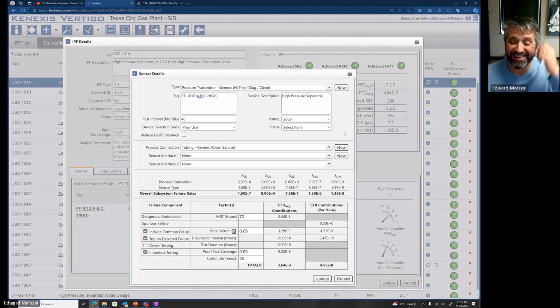But yeah, just a bit of clarification also on the answer you gave me about the trip on detected failure. So the diagnostic interval I need to put there, is it for the single item of a 2 out of 3 logic, or is it for the entire SIF?